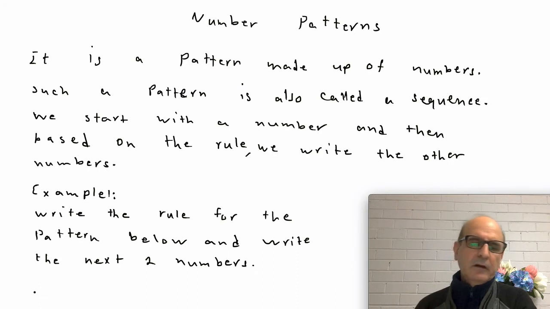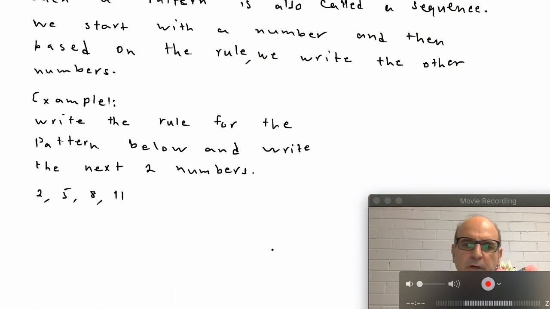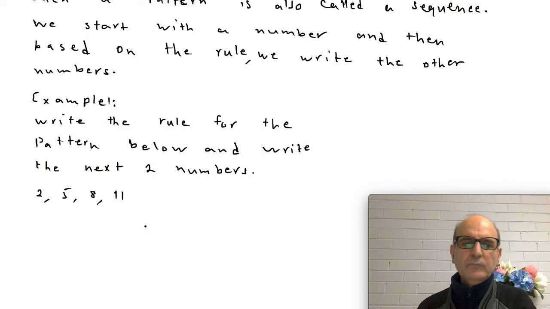Okay, they have given us this pattern, say 2, 5, 8, 11. All right, and they want us to write the rule and also to write the next two terms.